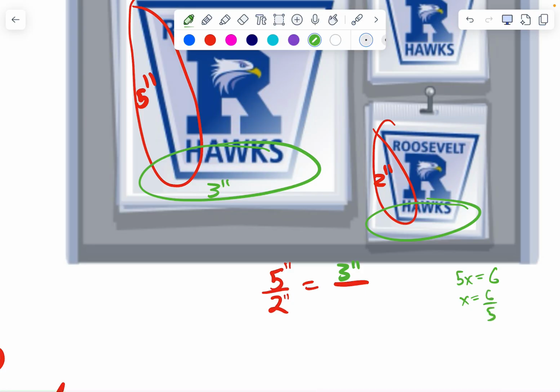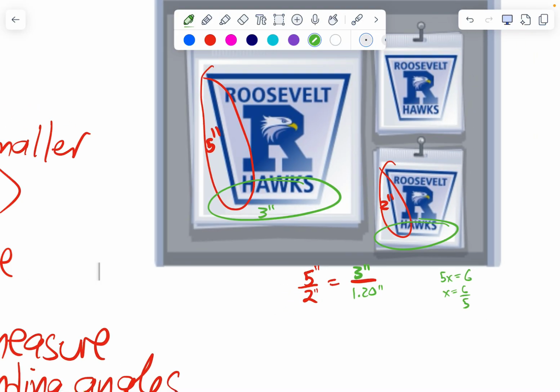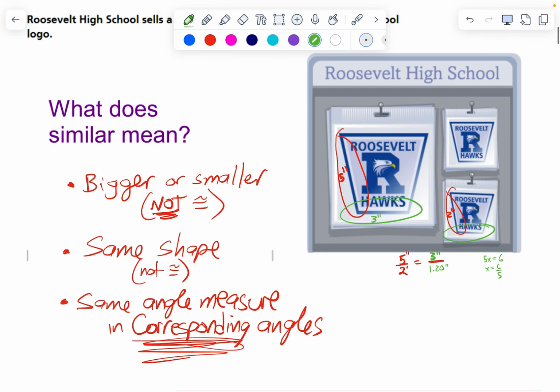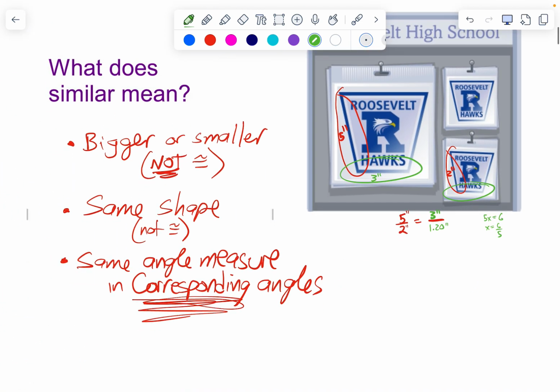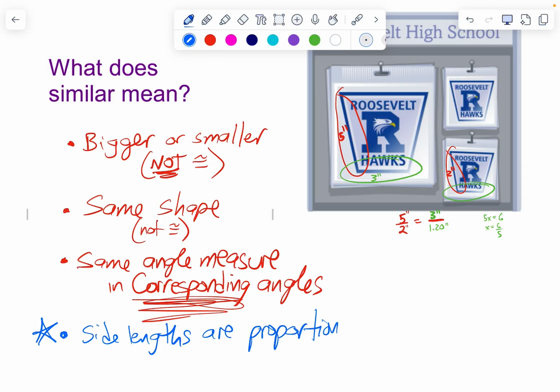So 6/5, which is 1.2 inches. Now we have a similar sticker to the decal. Okay? So yes, that is a critical part of this list. Side lengths are proportional.